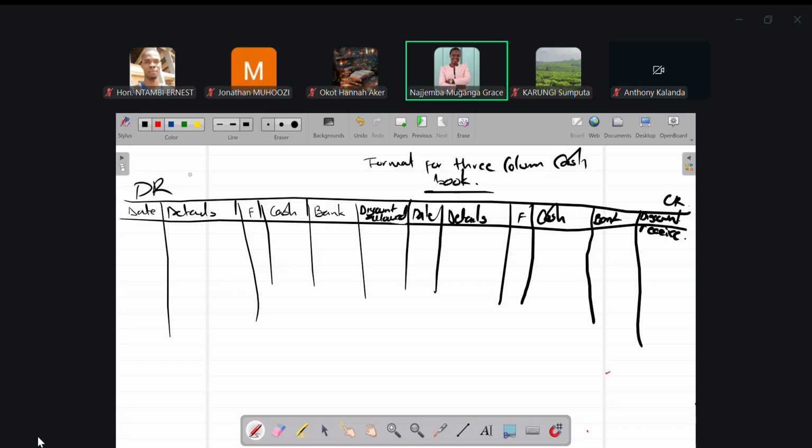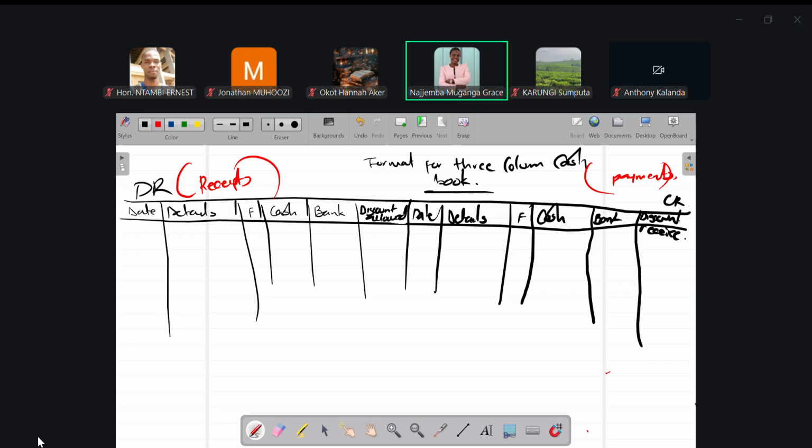On the debit side, we are going to record all receipts whenever the business receives money. And then on the credit side, we shall post payments.